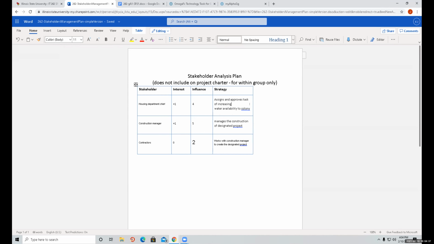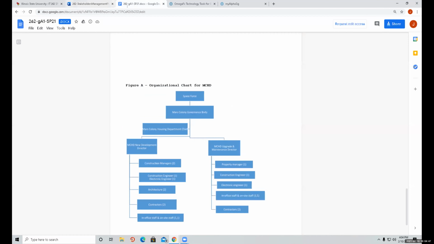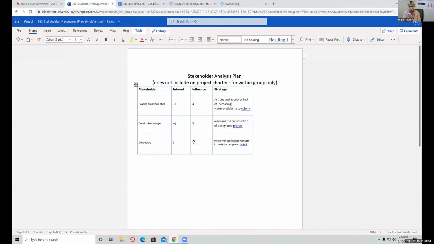How would you do that to manage them closely? Maybe you can just give them regular updates. I think that's good. Just give them updates about your project. I think the information you have included is useful. Keep that and say for managing them closely, we're gonna give them regular updates and ask for feedback.